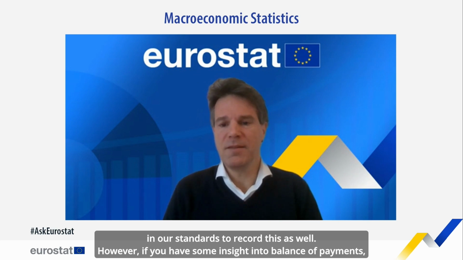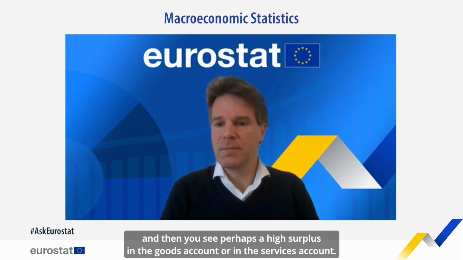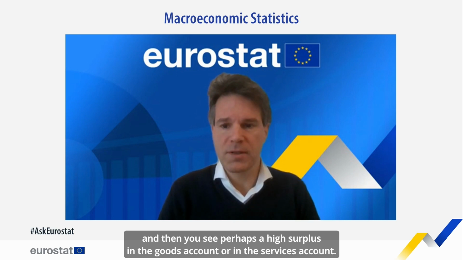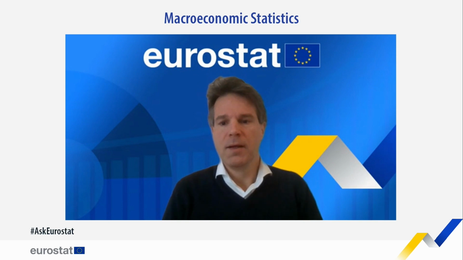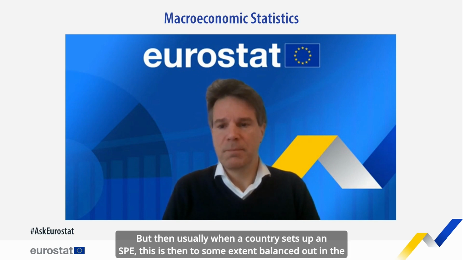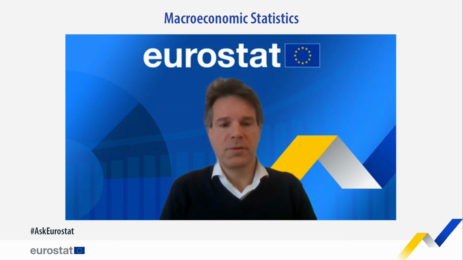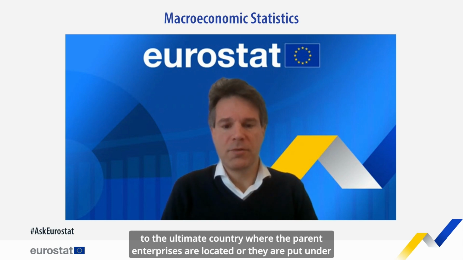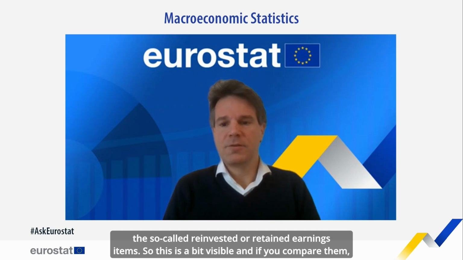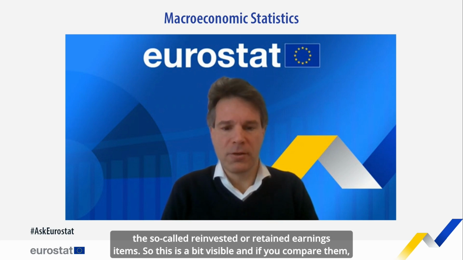However, if you have some insight into balance of payments, you may see a high surplus in the goods account or in the services account, but usually when a country sets up an SPE, this is to some extent balanced out in the so-called primary income account, where we see that profits are either directly distributed to the ultimate country where the parent enterprise is located, or they are put under the so-called reinvested or retained earnings item.